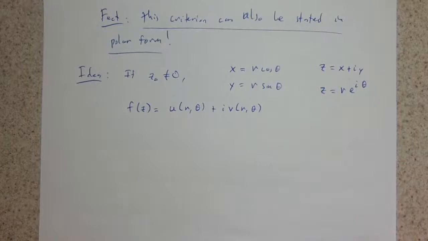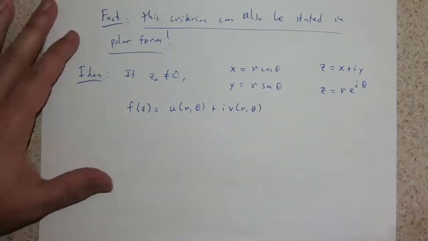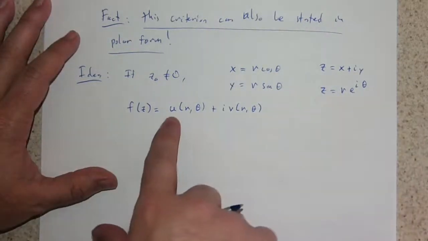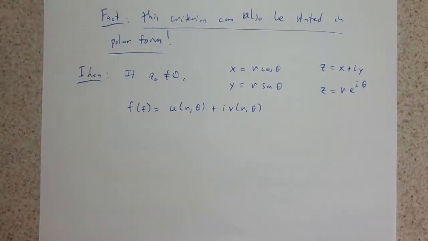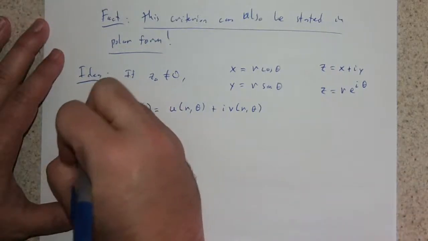But then how can I manage this using the work that I already did previously, thinking of the u and the v in terms of x and y? Here I rely on what's called the chain rule from Calc 3.